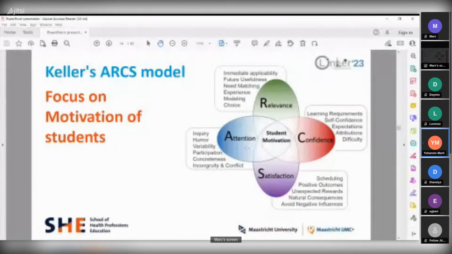So there are 4 components to this model. It's attention, relevance, confidence, and satisfaction. The first one, attention, refers to the learner's interests. It's very important to get a hold of the learner's interests and attention to ensure that they continue to be interested in the rest of the course.